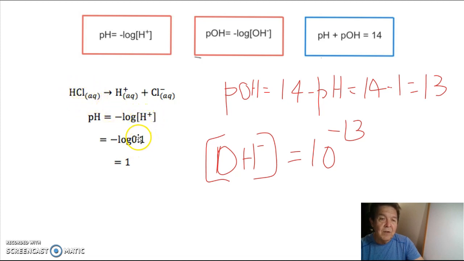In this case, it's 0.1. Then pH is minus log of 0.1, that is 1. If pH is 1, then you subtract 14 minus pH and you get pOH, that is 13. And the concentration of the hydroxide ion is 10 to the minus pOH, then 10 to the minus 13.